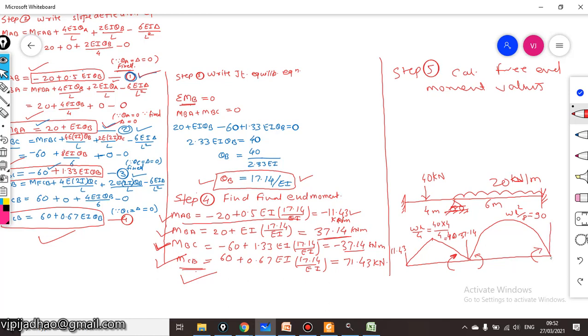Join all these final end moment values like this, and you will get the final bending moment diagram. So this is how we calculate the final end moments and draw the bending moment diagram for this type of problem.